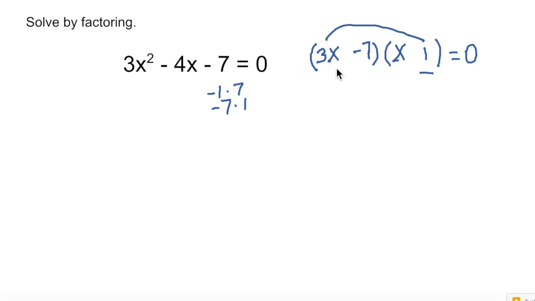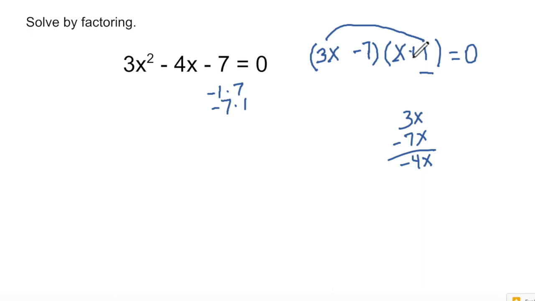So the first one I tried is negative 7 and 1, and let's see, 3x times 1 is going to give us 3x, and then negative 7 times x is going to give us negative 7x. And when we add those together, we're going to get negative 4x. So actually, the first try, I just kind of got lucky. There's 4 different combinations, but I just got lucky in the first pick. That's the right answer here.